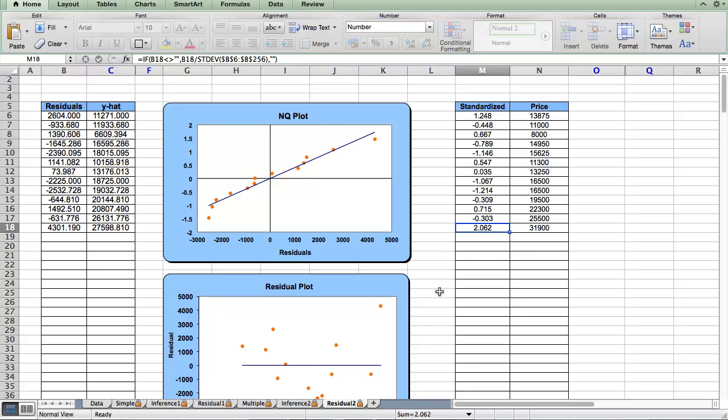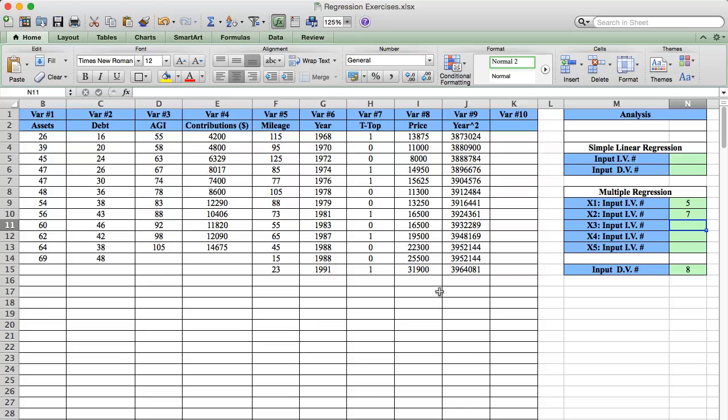Now, we've already established that the multiple regression model using mileage and T-top as independent variables is a pretty good model. It seems to satisfy the assumptions. It has an adjusted R-squared of about 88%, and both independent variables are statistically significant.